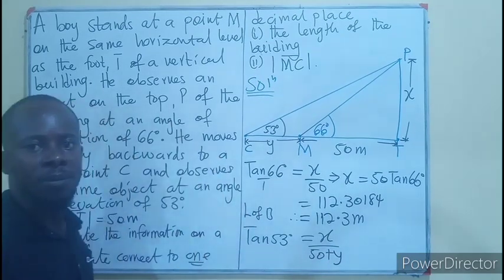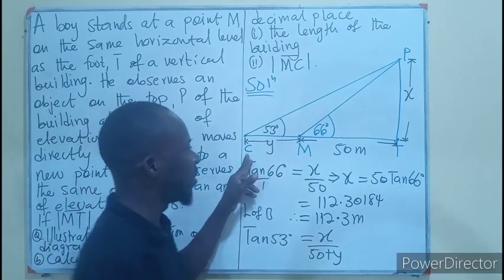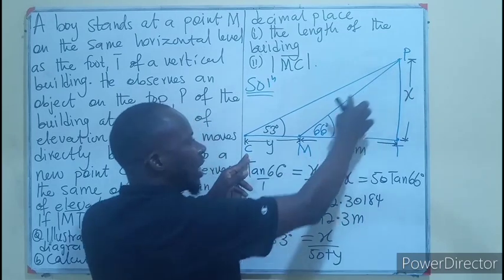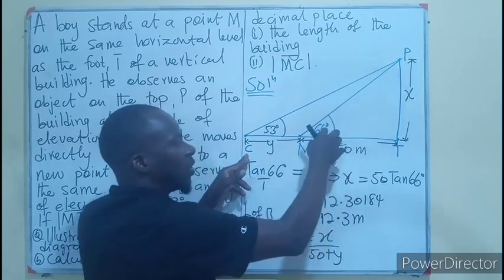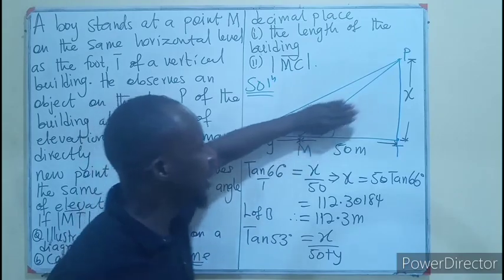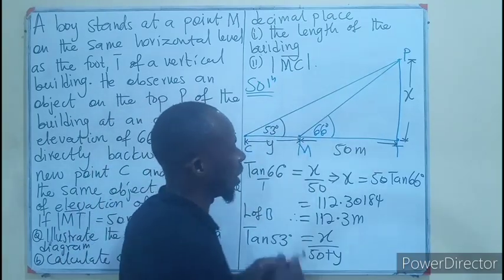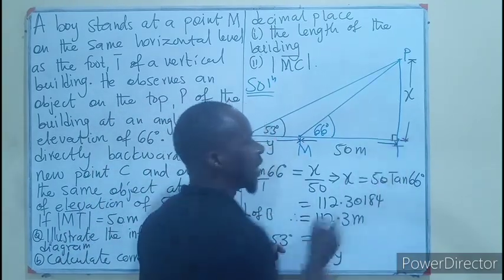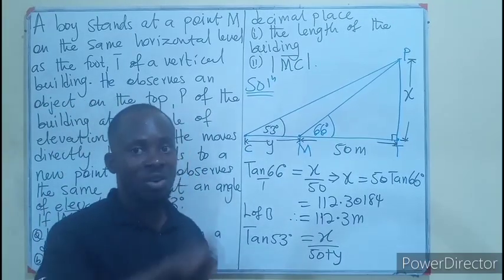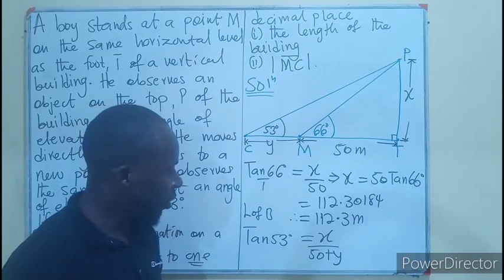Y. Because it spans from C all the way to T, ignoring this line, which makes the angle 66. So if I clean this, I'll be having my right angle triangle. I think I have to indicate that before we can use the trig functions. The triangle must be a right angle triangle.